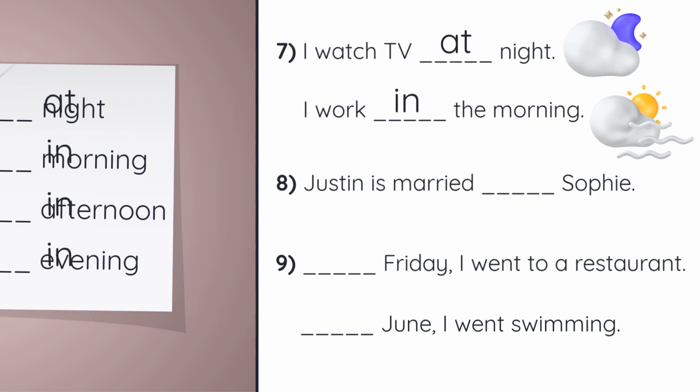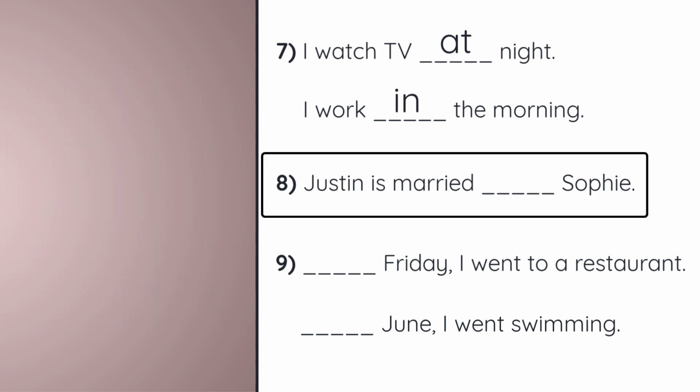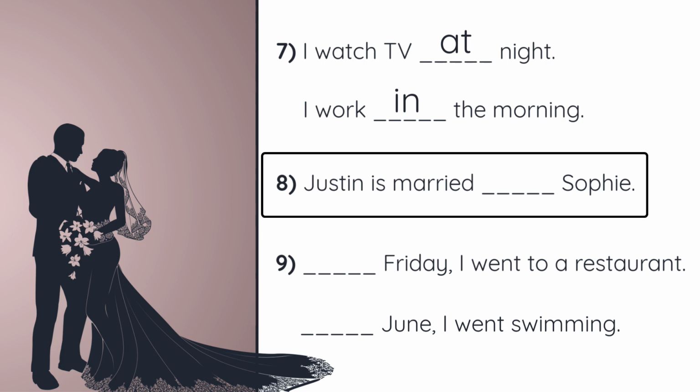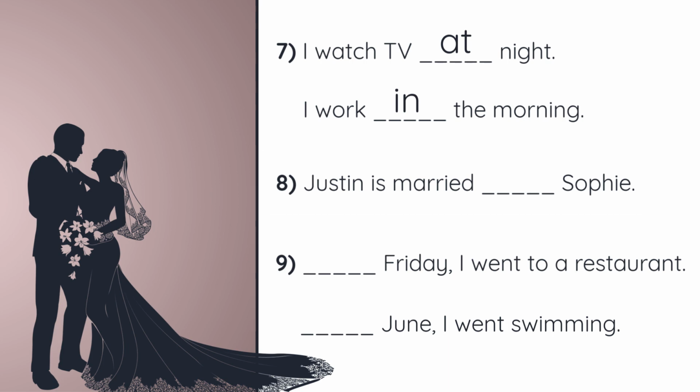Another common mistake that people make is with this word, married. When we are talking about people who are married, there is a preposition we need to use. Let's look at our example. Justin is married Sophie. Do you think it's with Sophie or to Sophie?